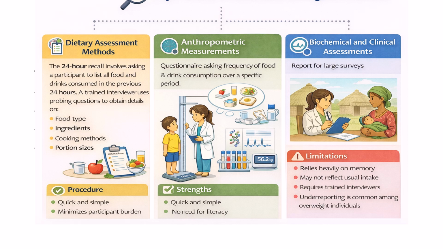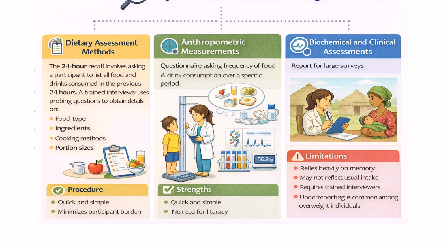This makes it possible to identify nutritional problems, to assess population health status, to monitor interventions, and also to understand the relationship between diet and health outcome. Oftentimes, we combine several investigation methods to achieve a comprehensive and accurate assessment.